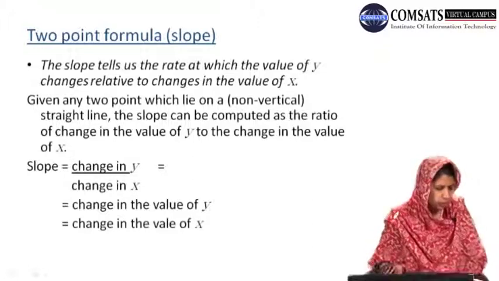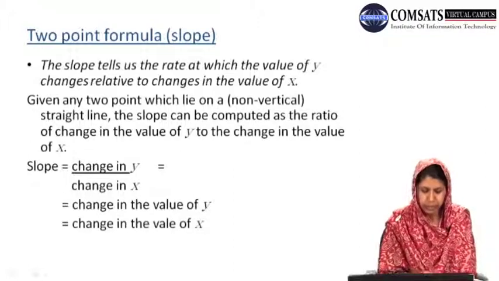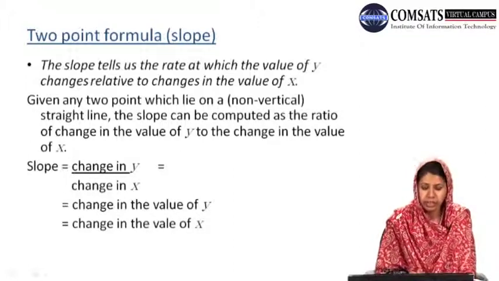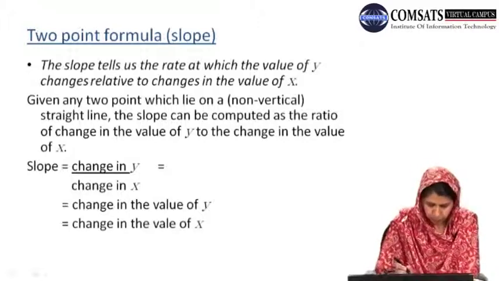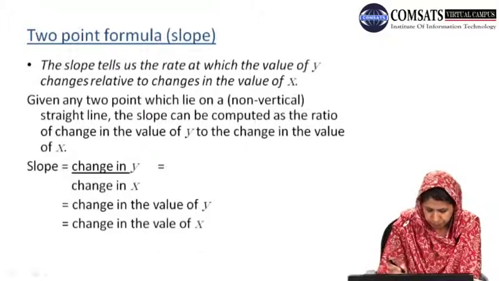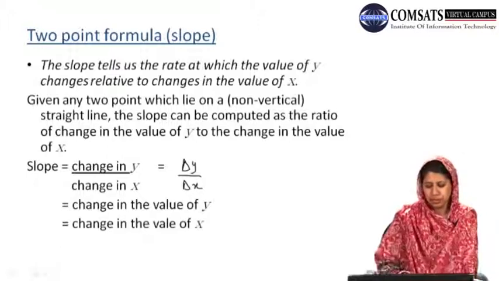Okay, now what do we mean by this slope mathematically? That is the change in y with the ratio of change in x, which is equal to delta y over delta x.